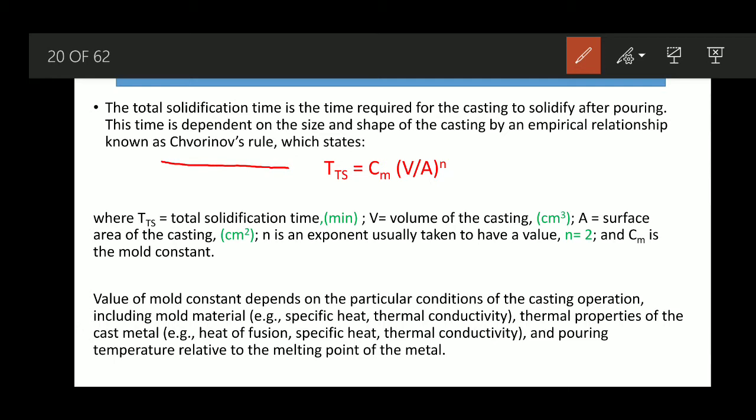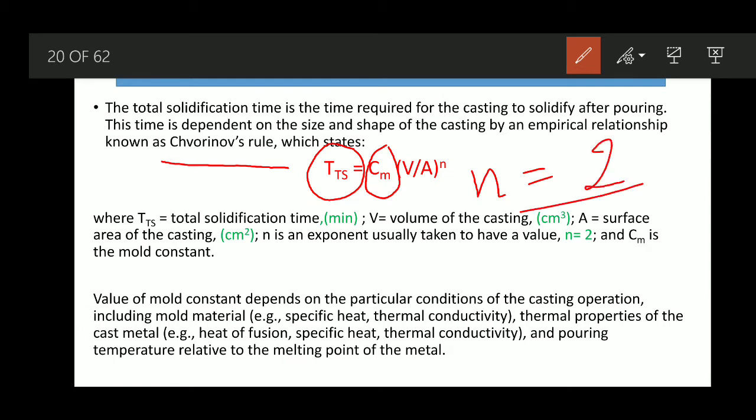What does it state? The total solidification time, TTS, is given by Cm multiplied by (V/A) to the power n, where Cm is the mold constant, V is the volume of the casting, A is the surface area of the casting, and n is the exponent. This n we generally consider as 2.